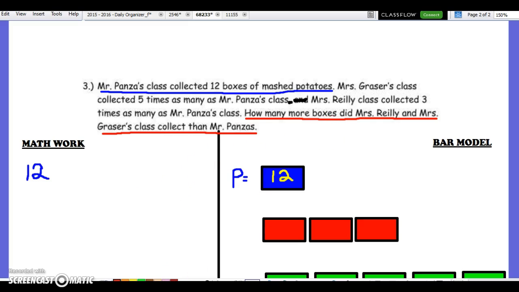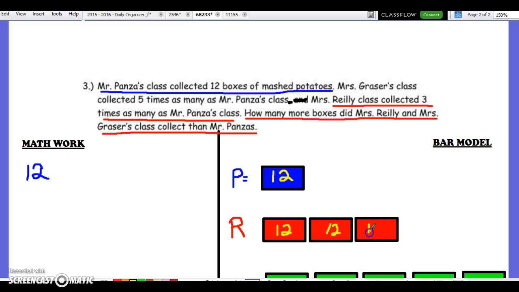Then I look at Mrs. Riley's group. We represent Mrs. Riley in red. Riley's class collected 3 times as many as Mr. Panza's class. So I'm going to represent Riley with the red boxes and a red R. And I recognize that each of these boxes in my bar model represents the number that Mr. Panza had, which was 12. But Mrs. Riley didn't just collect 12, she collected 3 times as many.